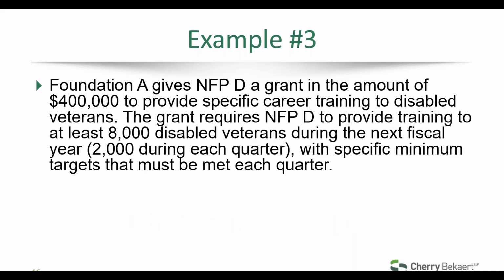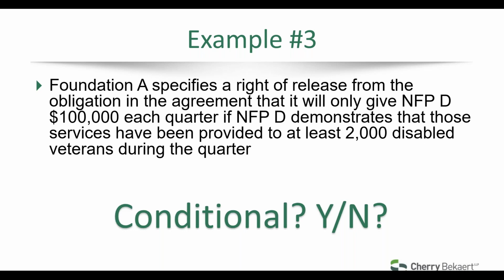It's specifying the number of vets that are supposed to be served per quarter, and there's a provision in the contract that says the resource provider can be released if the not-for-profit receiving the funds does not serve those 2,000 disabled vets every quarter. So in this scenario, do we think we have a conditional contribution or an unconditional contribution?